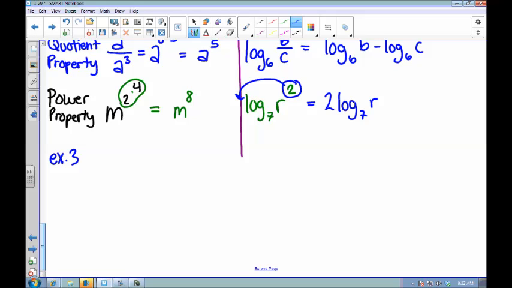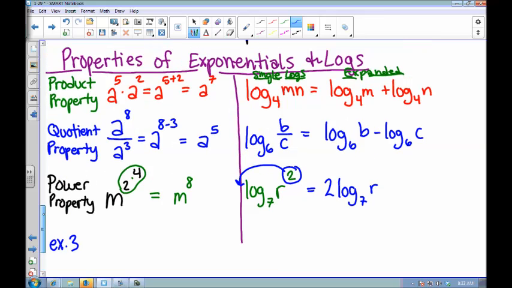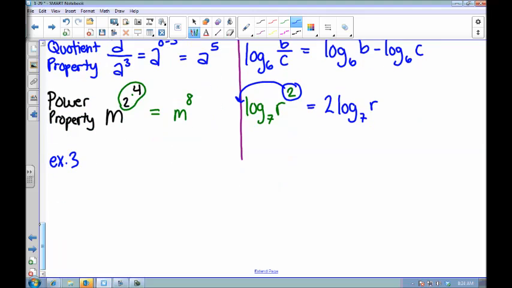You'll either see what is each expression written as a single logarithm, so you want your answer to be a single log, or you will see what is each logarithm expanded. So that's why I titled this left side is all single logs, and this right side is expanded. Make sure you know which direction you're requested to do. So for us, first we're going to go to single logarithm.